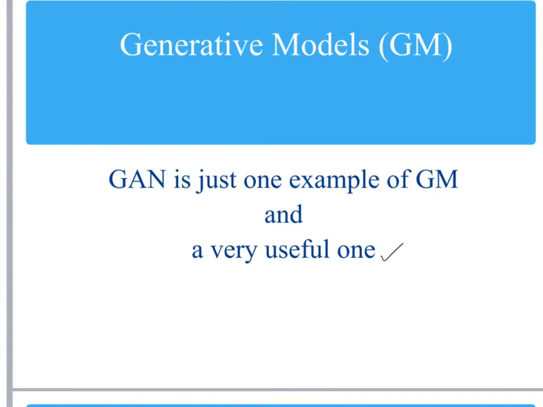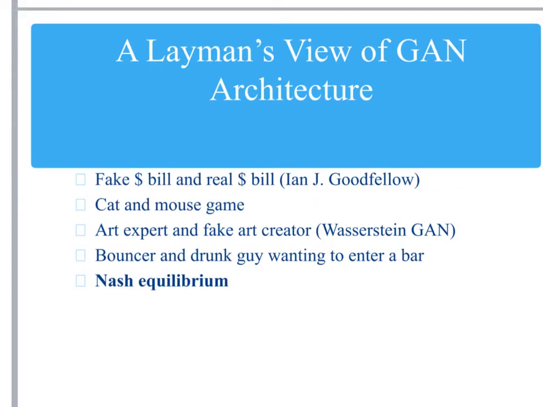That's the important part. Now let me give you a layman's view of GAN architecture, or an ordinary person's view of GAN architecture. The principle behind the GAN architecture could be expressed in multiple ways. I'll try to explain it by giving different examples. Think of a scenario where a person makes fake dollar bills and tries to pass them to the banker.